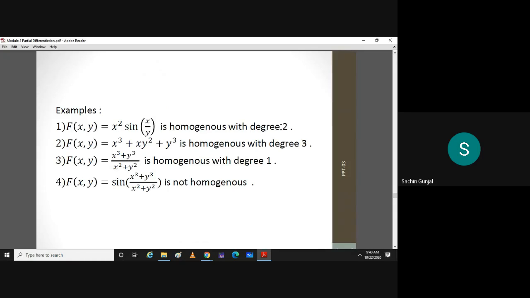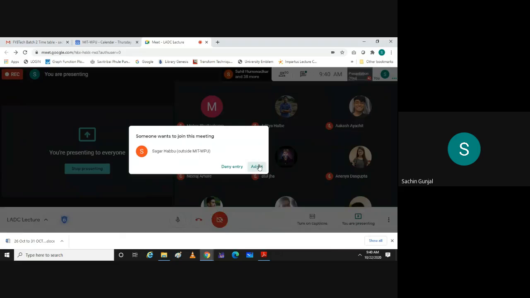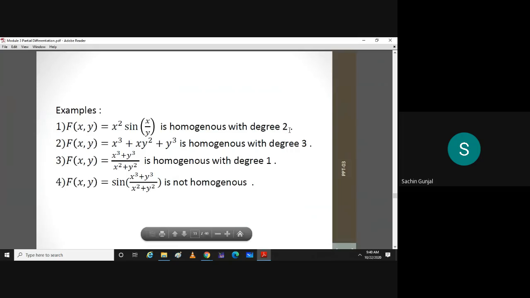Is the first example clear? Sir, can you repeat, please? Yes. I am saying that this is a homogeneous function of degree 2. How do you check that? Replace x by tx, y by ty. What will happen? Here it will be t square x square sine of tx upon ty.